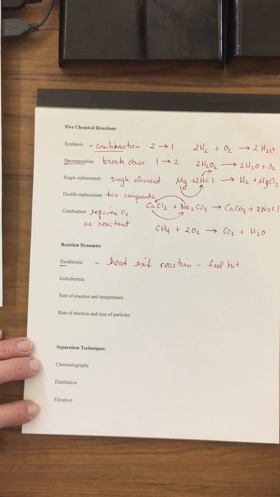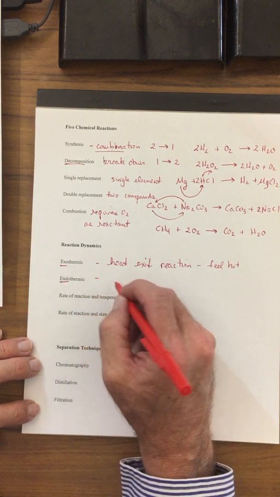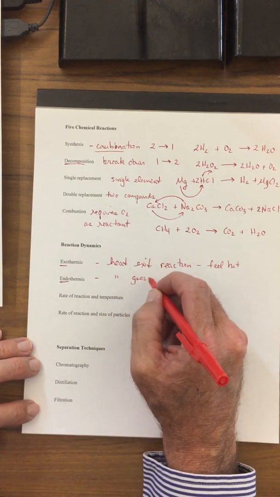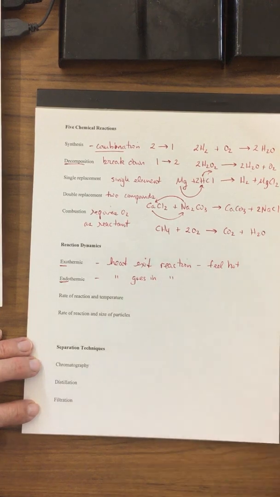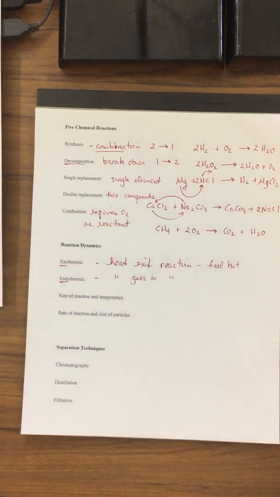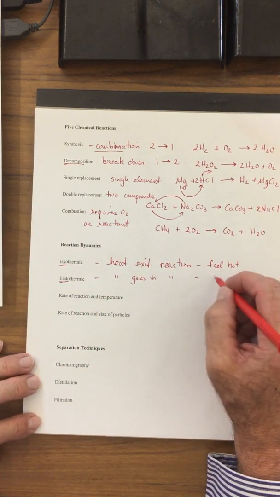Endo means in, so heat goes in the reaction. So the surrounding heat is going to go into the reaction. So your test tube or container will feel cold.